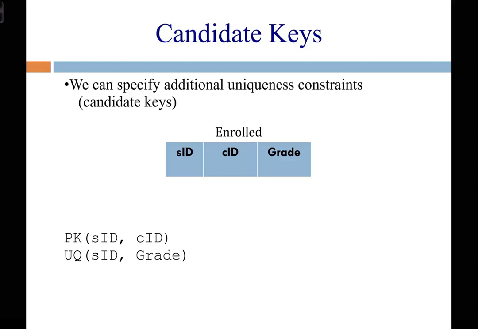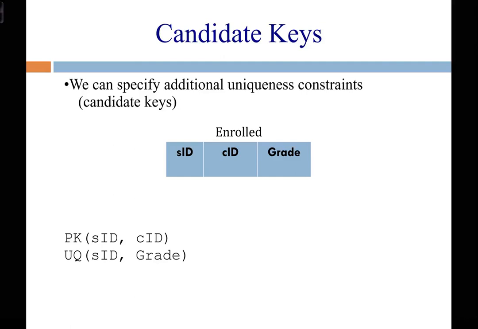As far as what these two things mean, they're the same. They both just mean those two tuples have to be unique. The difference between primary key and candidate keys we'll get to in a second. But given these two uniqueness constraints on this table, what would this mean in English? What's an English description of this?